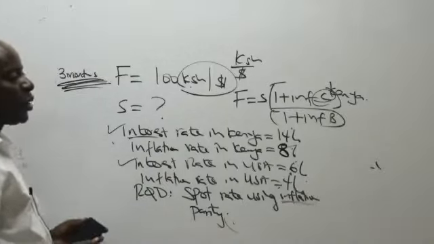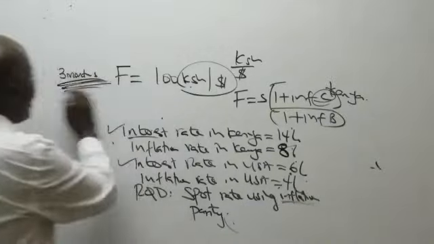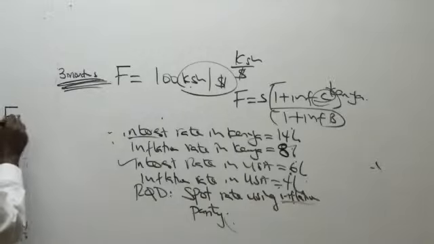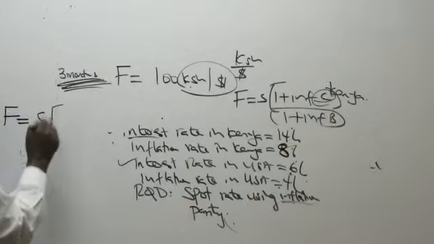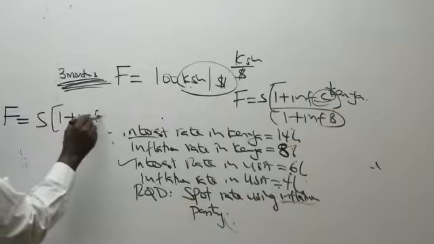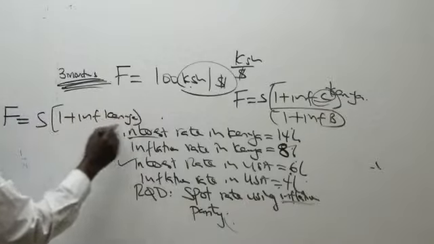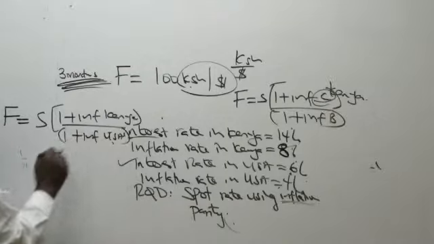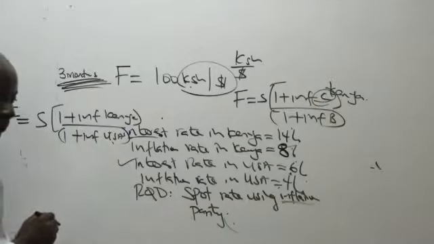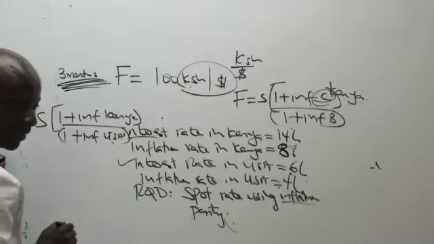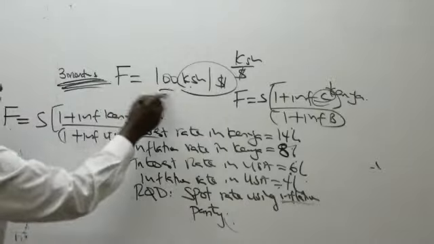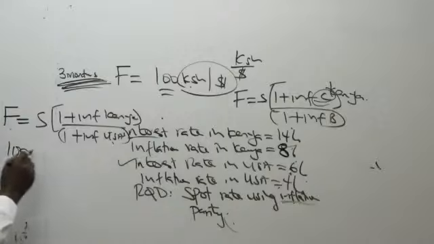Now come here, ladies and gentlemen, and then try to plug in. So you're saying that our forward rate should be equal to spot rate into 1 plus inflation in Kenya, all over 1 plus inflation in the USA. So this time around, they have given us the forward.